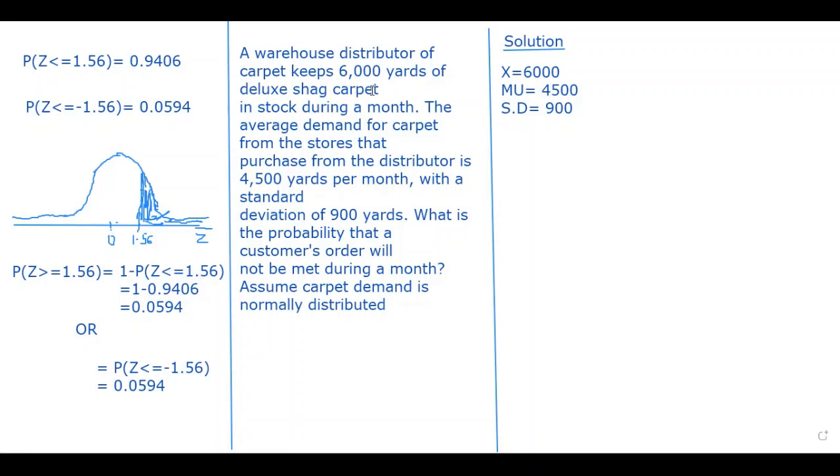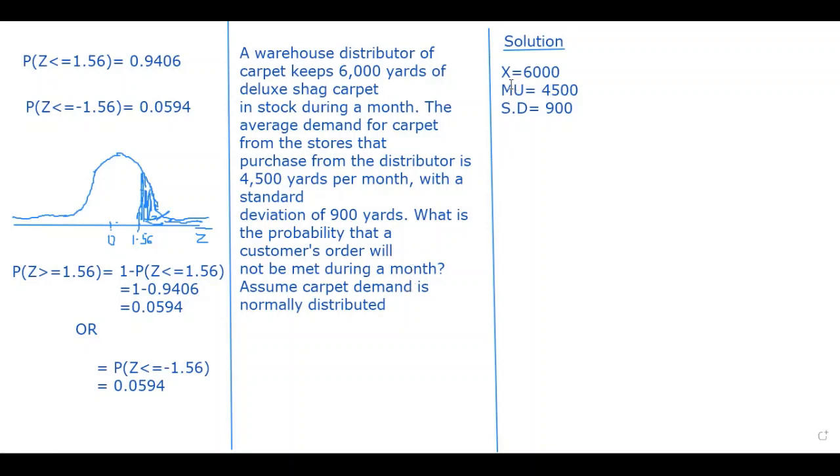So the probability will be demand greater than what? 6,000. Do you understand the question? Yes. Okay, so they are asking what is the probability that a customer's order will not be met during a month. Assume carpet demand is normally distributed.